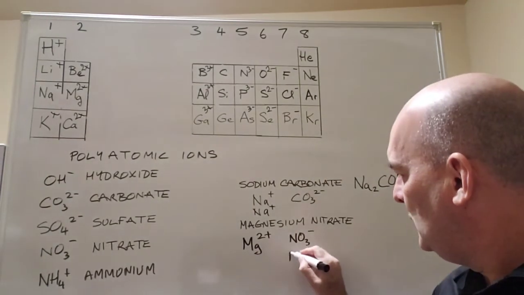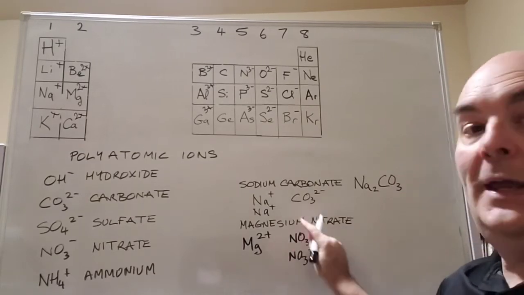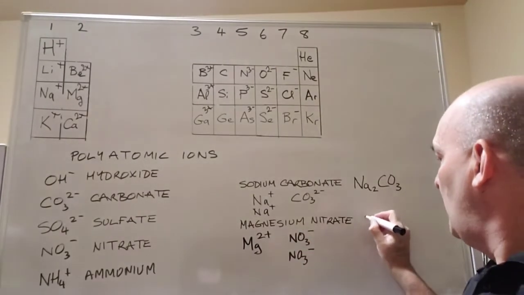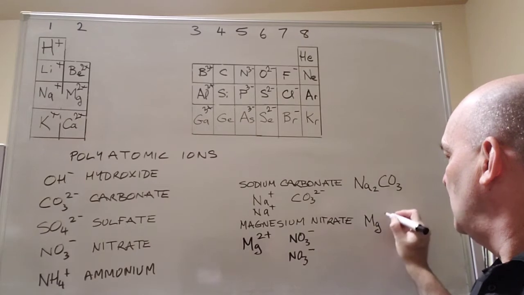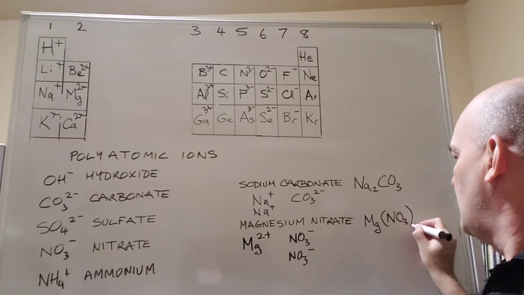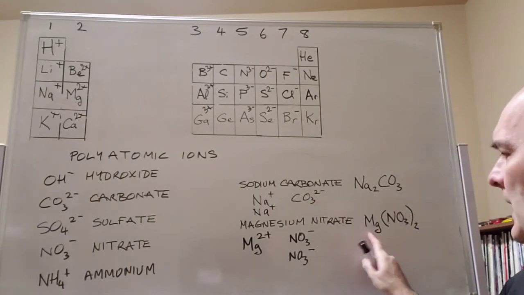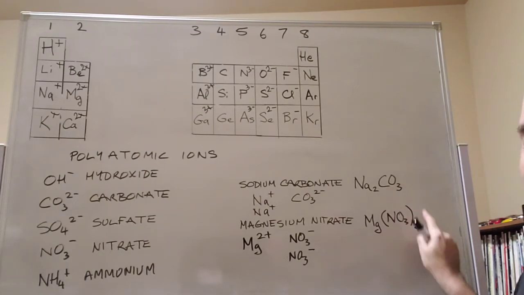So what I have to do is double that whole thing. So the chemical formula for magnesium nitrate looks a little bit more complicated. Here's the 1 magnesium. There's the nitrate inside parentheses, all doubled: Mg(NO3)2.